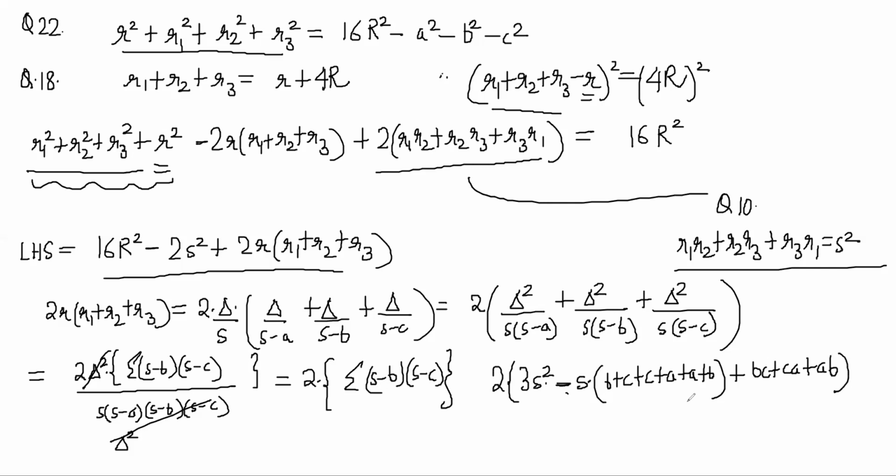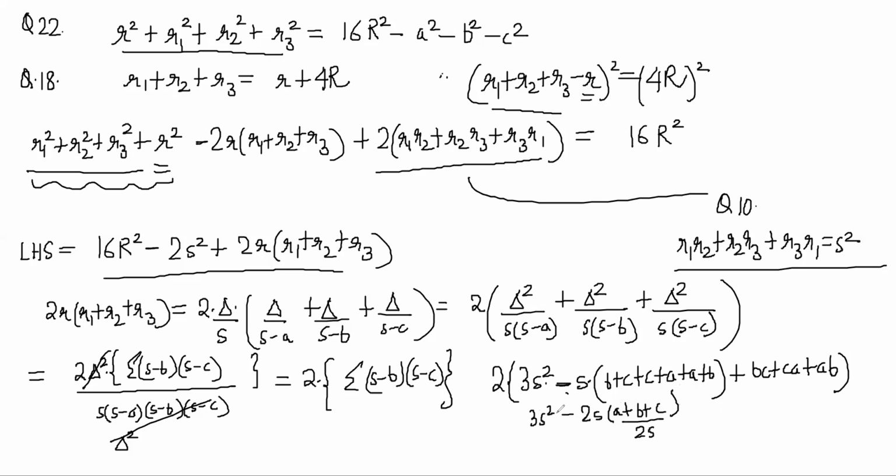You understand? This is what will come. So this is 2 times a plus b plus c, so it is minus 2 times s into (a plus b plus c). 3s square minus 2s into (a plus b plus c), which is minus 4s square.